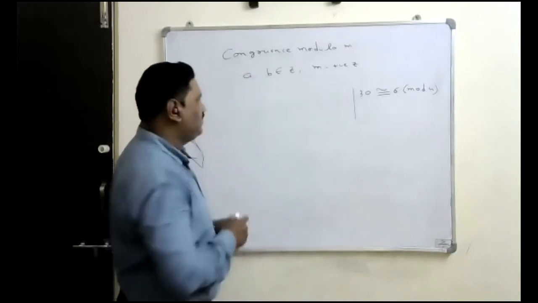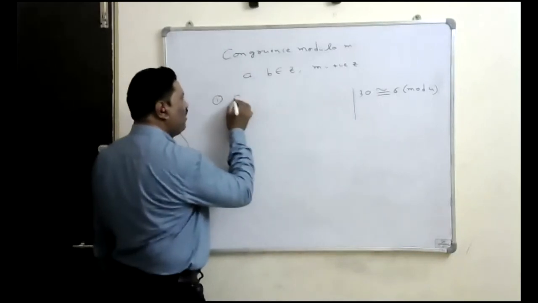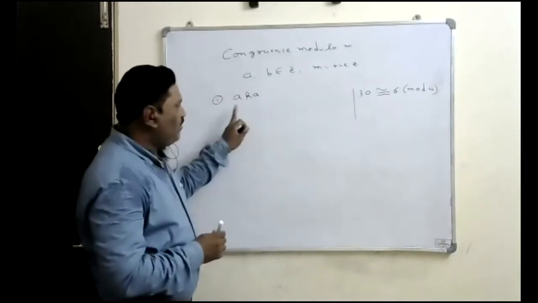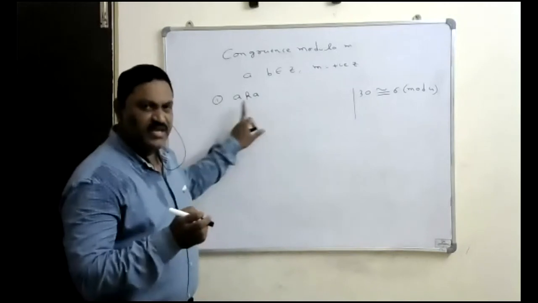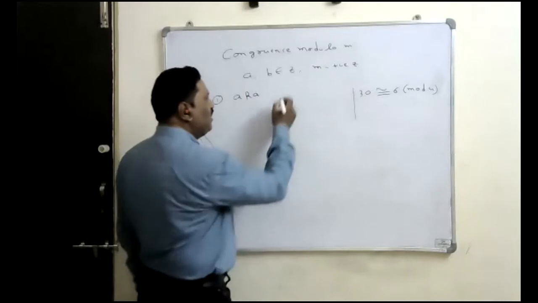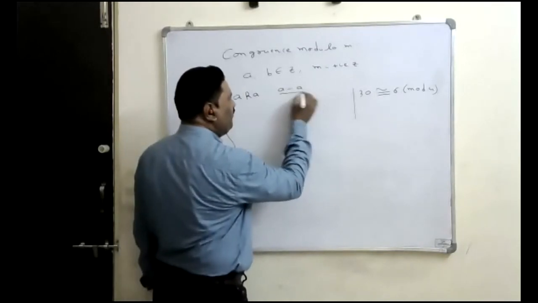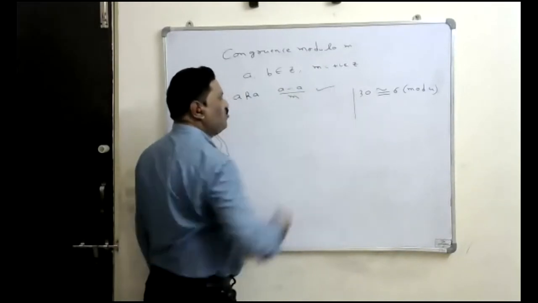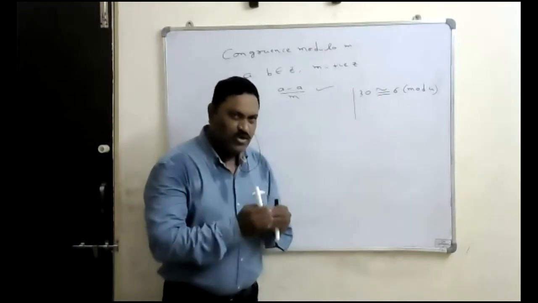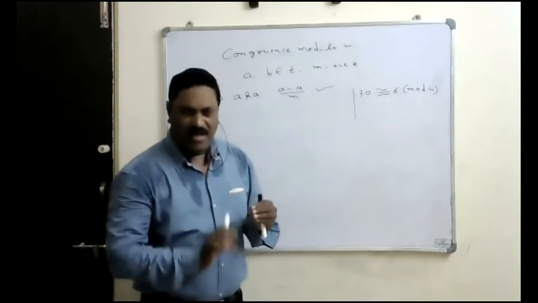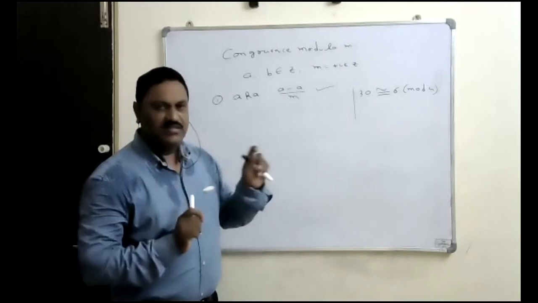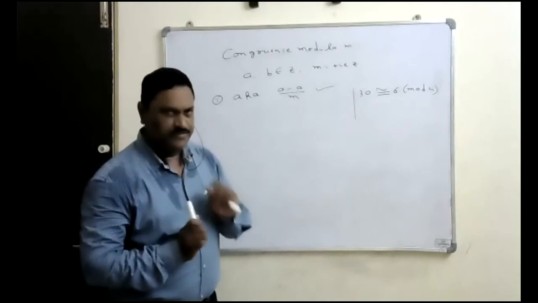That is, a related to a. This means a minus a should be divisible by m, that is, a is congruent to a of mod m. This is correct, because a minus a gives 0, and 0 is divisible by any nonzero number. That's why this is always correct, so this is a reflexive relation.